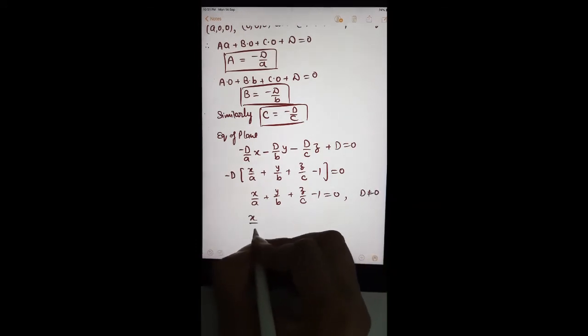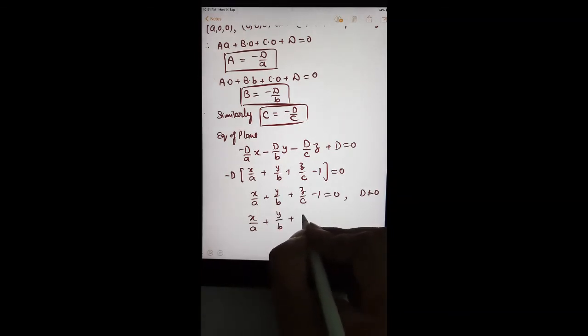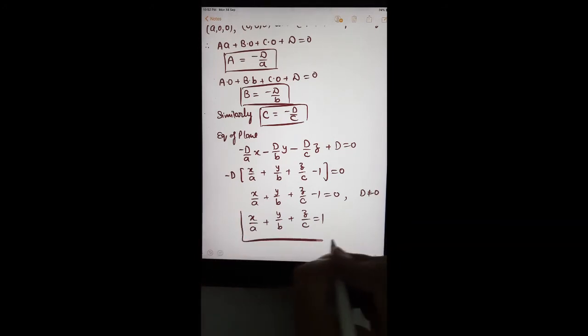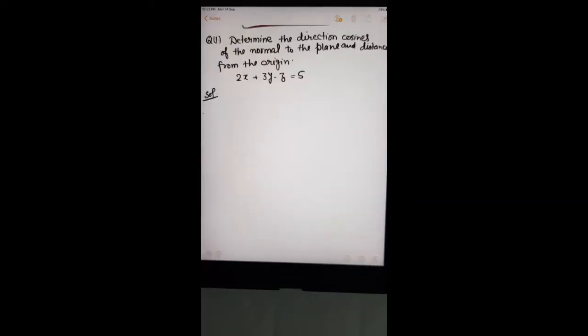So the equation of plane in the intercept form can be written as x upon a plus y upon b plus z upon c equal to 1. This is the equation of plane in intercept form, where the plane cuts the intercepts a, b and c on the coordinate axes x, y and z respectively.